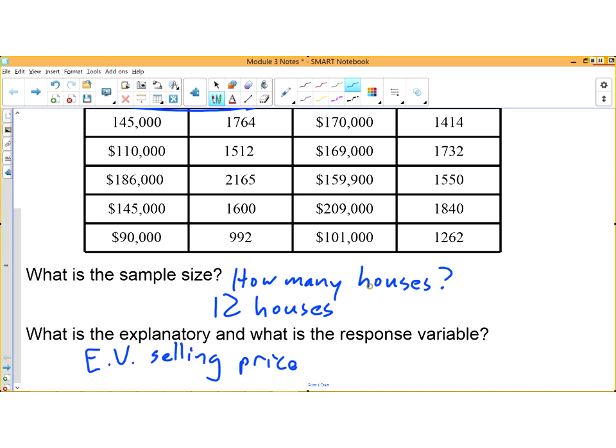I've got it backwards there, my apologies. The logical explanatory variable is the size of the house, and the variable that responds to that is the selling price.